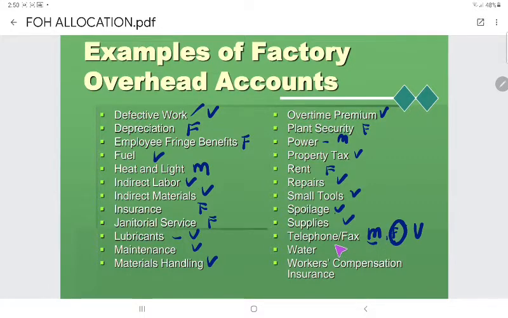Dahil pag postpaid, ganon. Water, ganon din, is mix. Gamitin mo o hindi, merong base amount na binabayaran. And then, compensation insurance, this, to simplify, pwedeng isipin mo na fixed, but at the point of view of the organization, syempre, pwede itong maging mix.